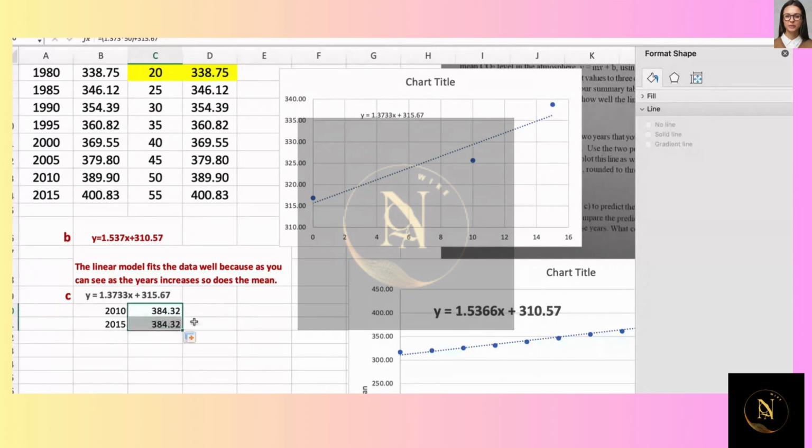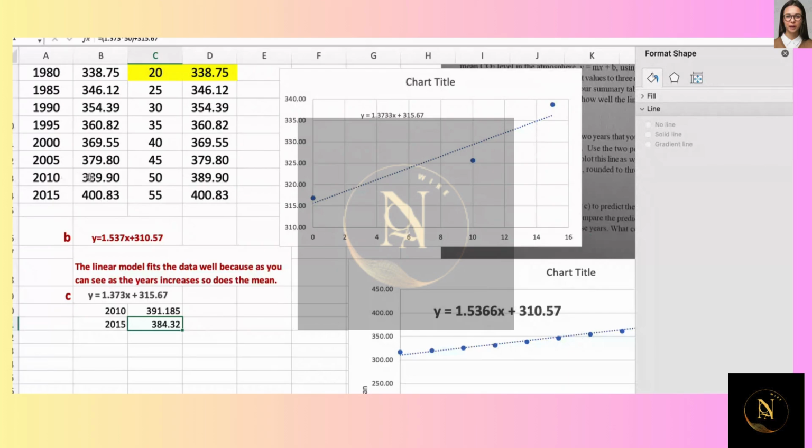And then I'm going to drag this down, and then this is 55. Here we go. And I just have to fix this, get rid of one of these 3's. Okay, so now this is more accurate.